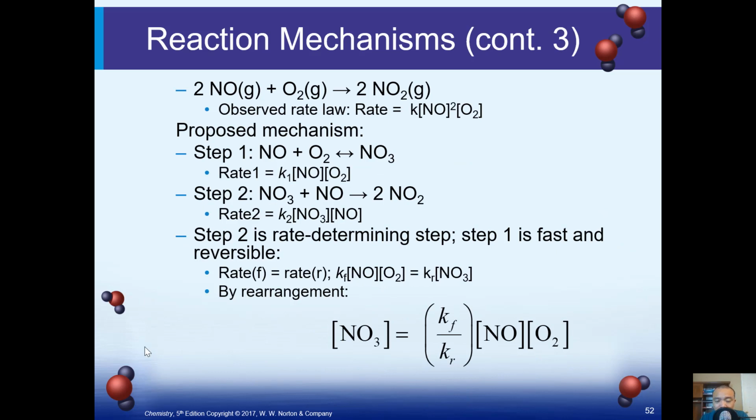What about the reverse reaction? We previously determined that the experimentally observed rate law for this reaction was rate equals k times NO squared and the concentration of O2. How do we rationalize this based on the previously proposed mechanism?